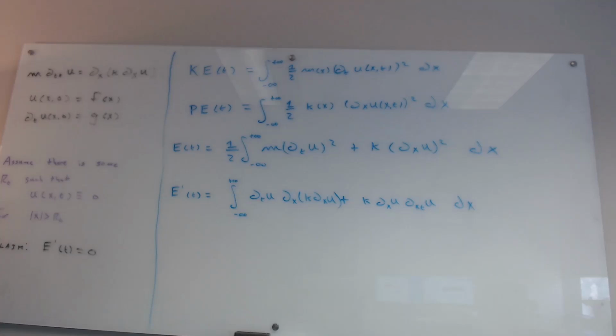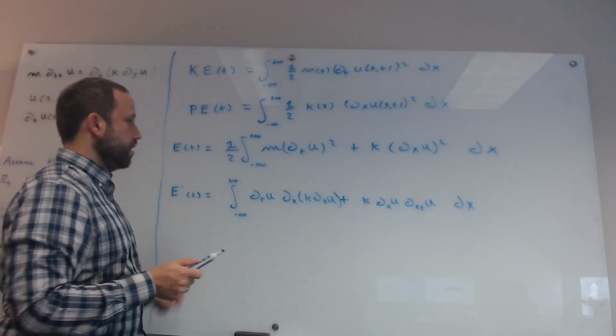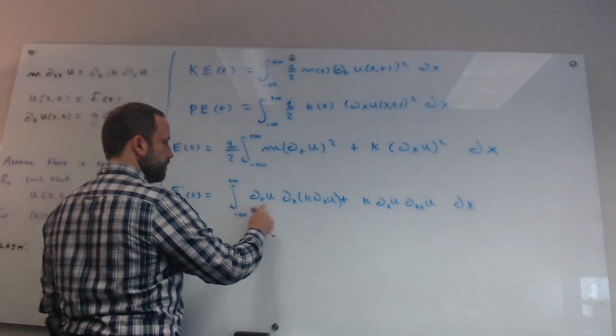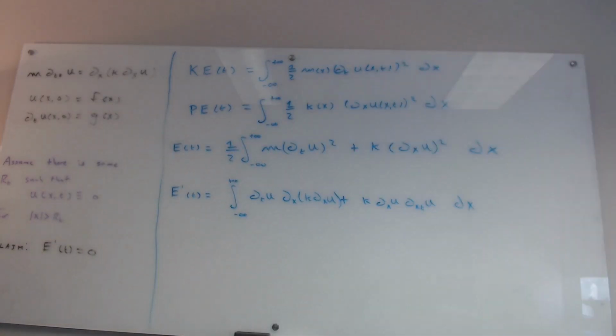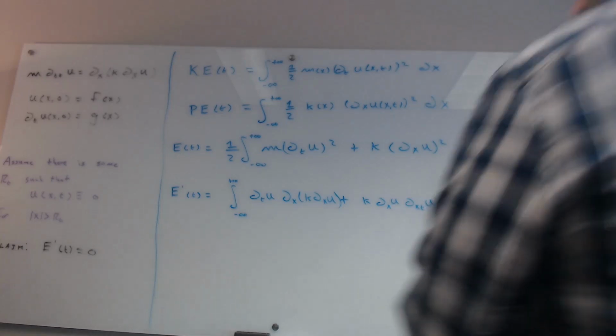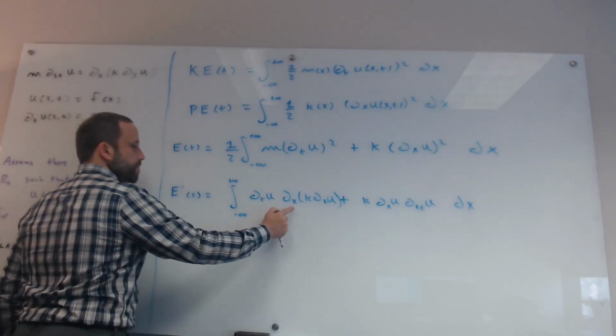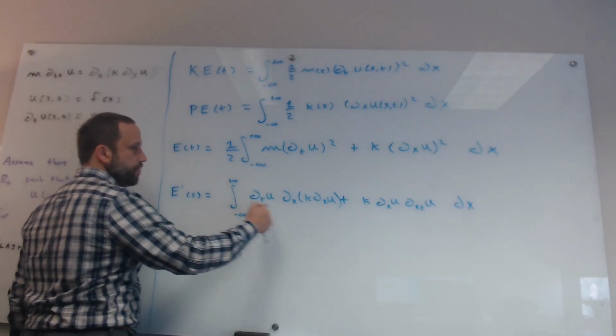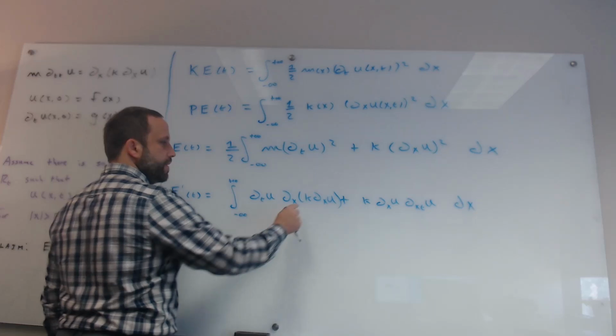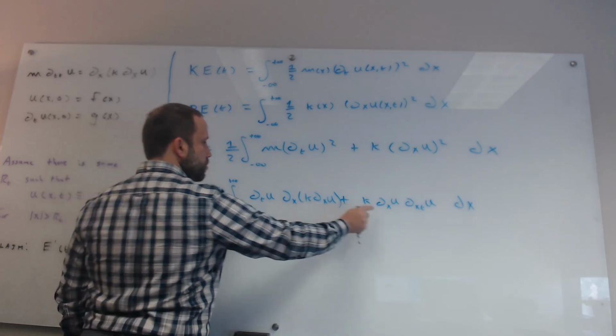All right. Now I need to somehow use the PDE again. My goal is to show this is equal to 0. So I start to look here, I've got a t derivative and an x derivative. If I move the x derivative from here to there, I get a tx derivative, which matches with that, and then that'll leave me with a k partial x u, which is what I have there.